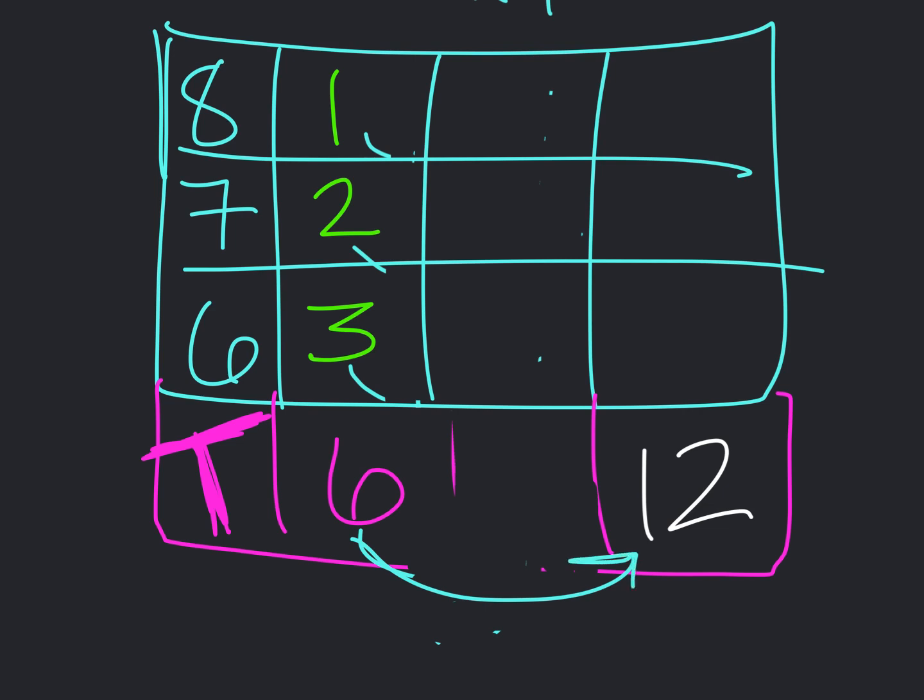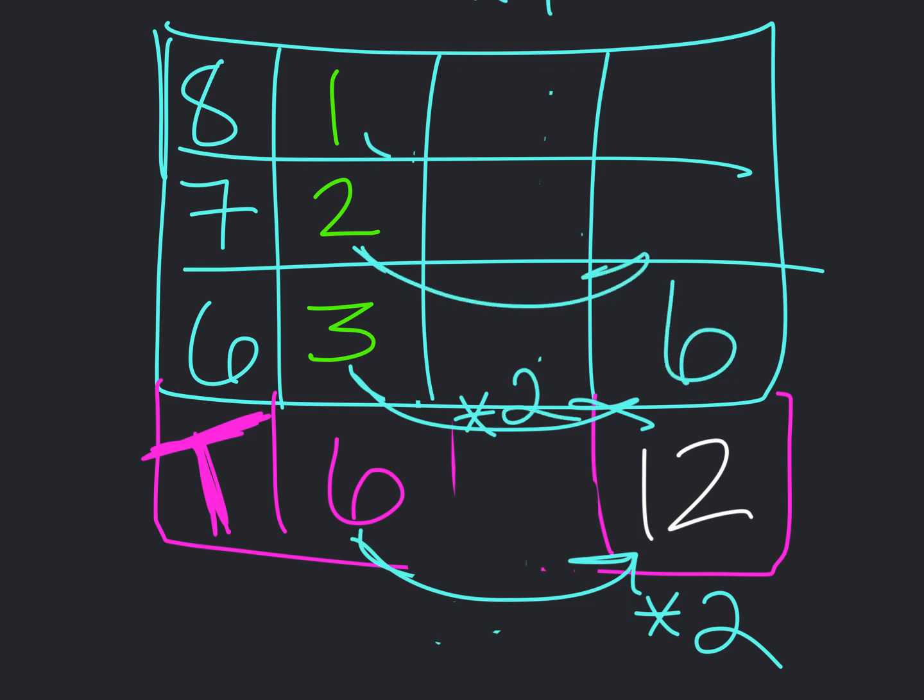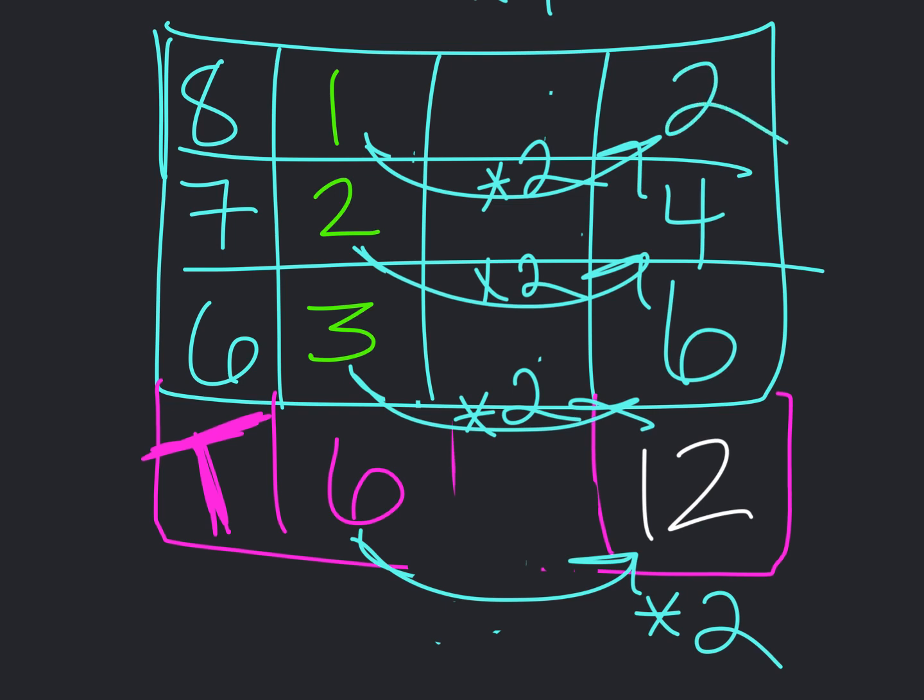All I did was take 6 and multiply it by 2, right? I have a team that is twice the size of the original team. So I'm going to do that to every single number. I'm going to take 3 times 2, 2 times 2, 1 times 2. Cool? So this is a proportionate or equivalent team.